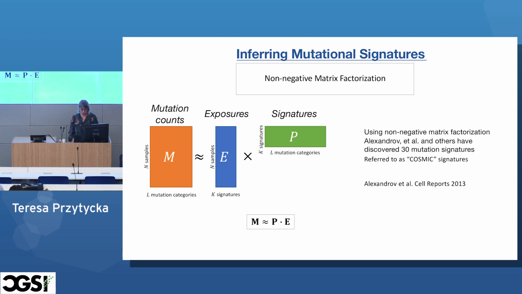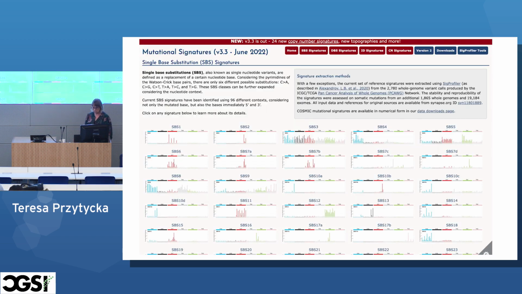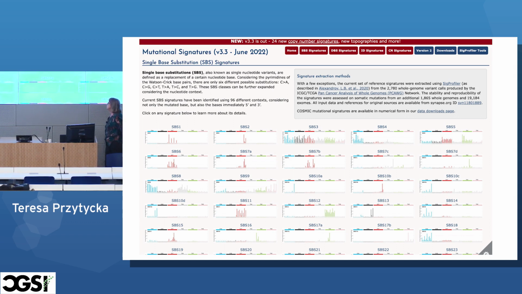Okay, so using this technique, there's a database of mutational signatures derived in this way. This is the COSMIC mutational signatures database, so when I show some numbers, those are numbers of the signatures in the database. You can look through them.